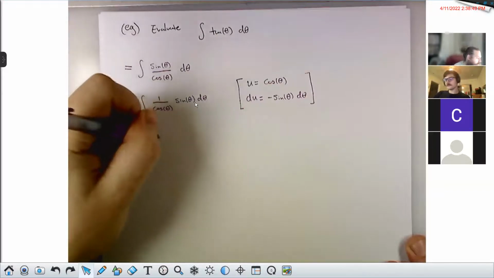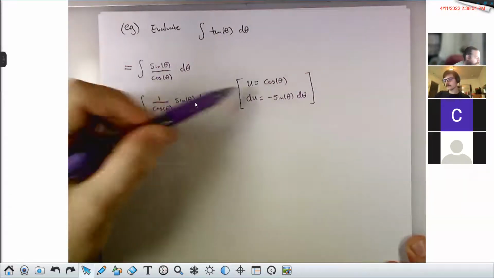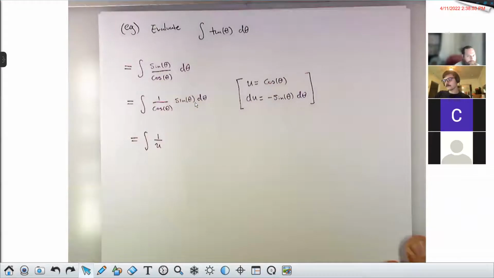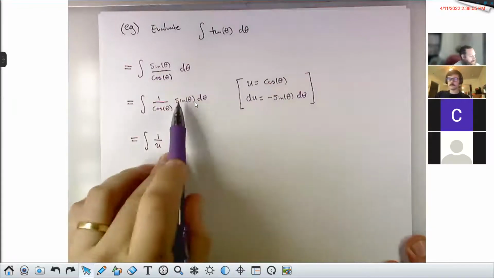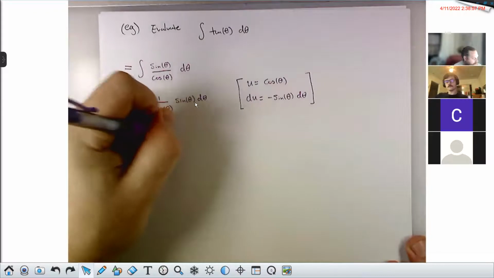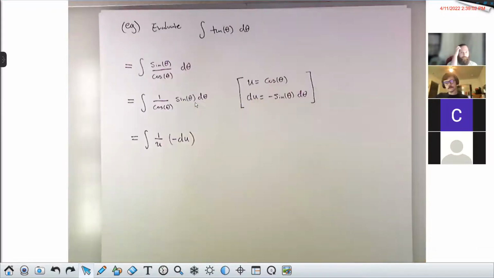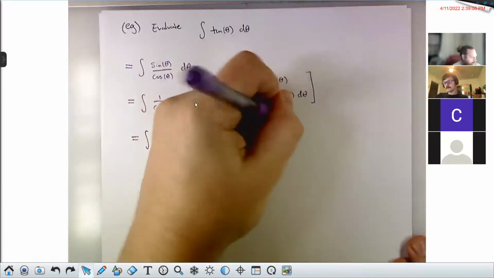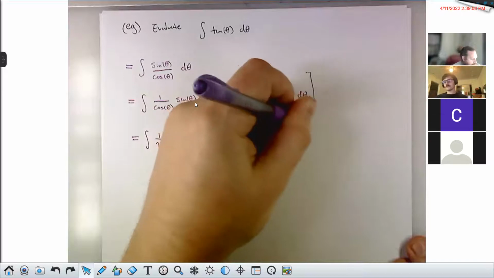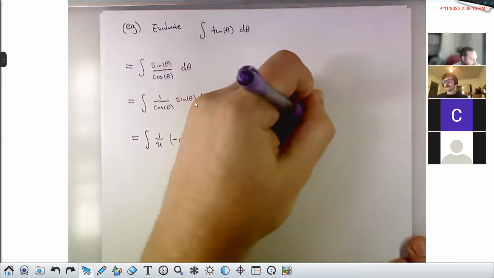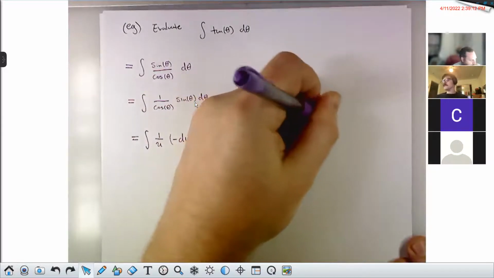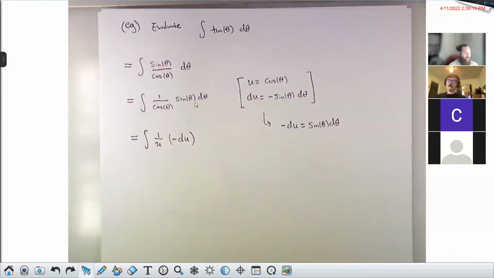One over cos theta is clearly 1 over u because I'm subbing u equals cos theta. Sine theta d theta is the negative of du. If you like, you can multiply both sides by -1 and get negative du equals sine theta d theta, or however you like to think of it.